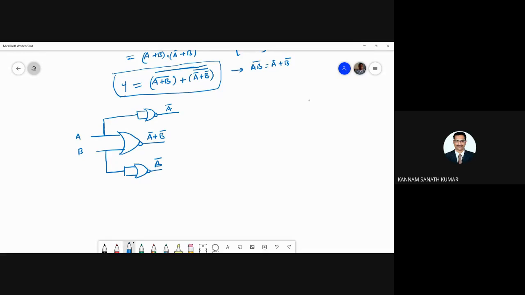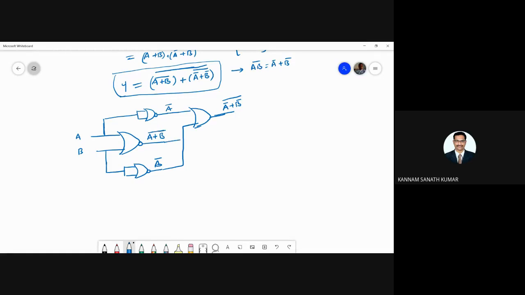Now, what you should do? You should connect these with a NOR gate. So if you are connecting these two with a NOR gate, what you are getting, A bar plus B bar whole bar. So this is nothing but A plus B whole bar.